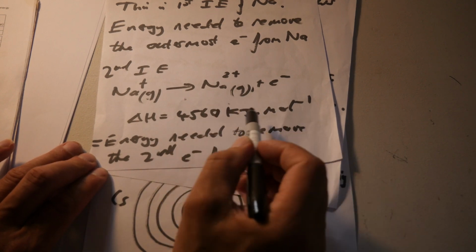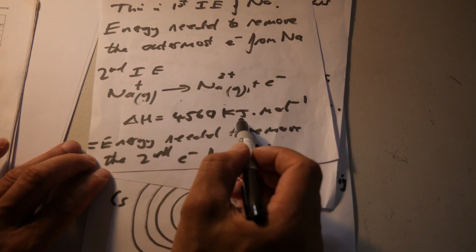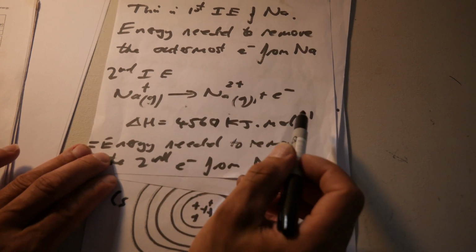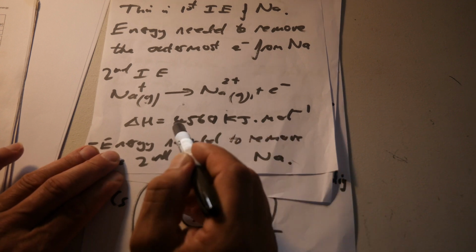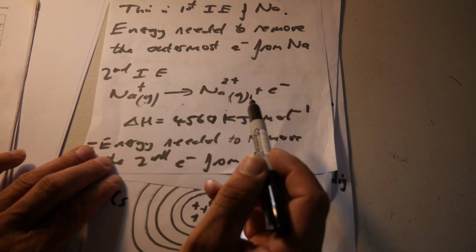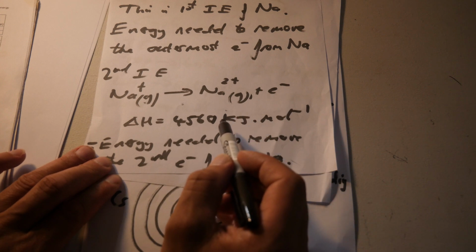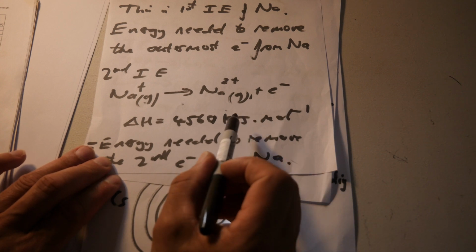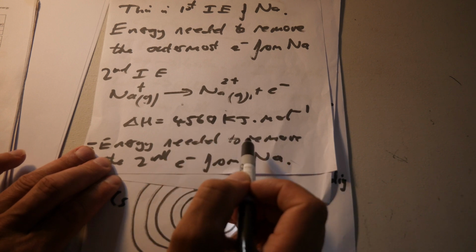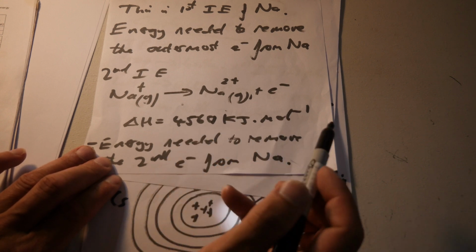Again, you write the units after it. It's amount of energy per mole. You must always write units after numbers when you're dealing with energies or lengths or volumes. Always write the units after the number, because a number with no units has no meaning.